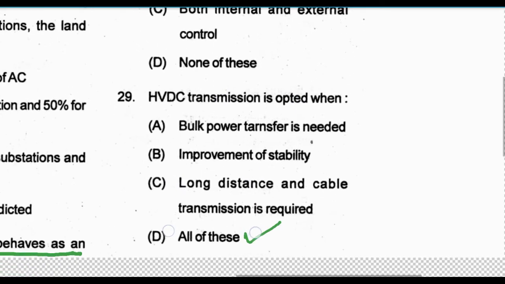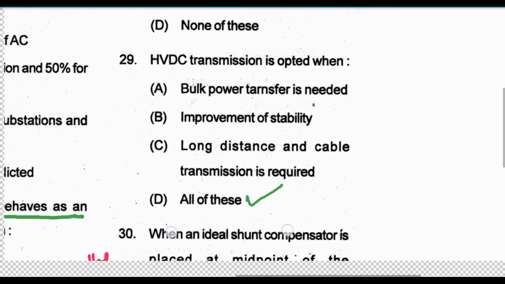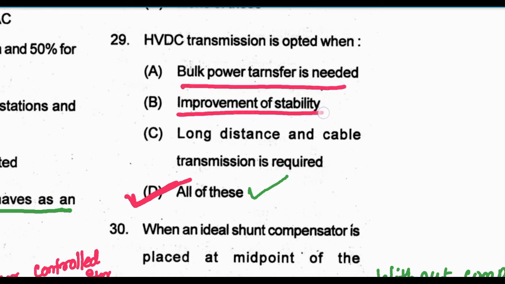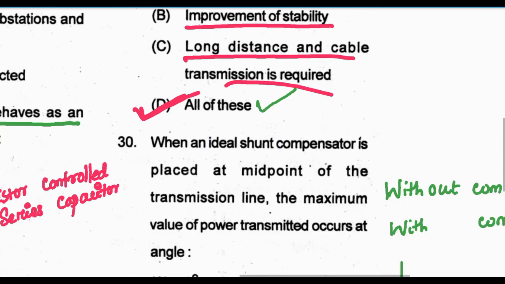HVDC transmission is opted when option A, bulk power transfer is needed, option B, improvement of stability, option C, long distance and cable transmission is required, option D, all of the above. So all of the above is required when HVDC transmission is opted. So bulk power transfer is required, improvement of stability is also required, long distance and cable transmission is required. So here option D is the correct answer.